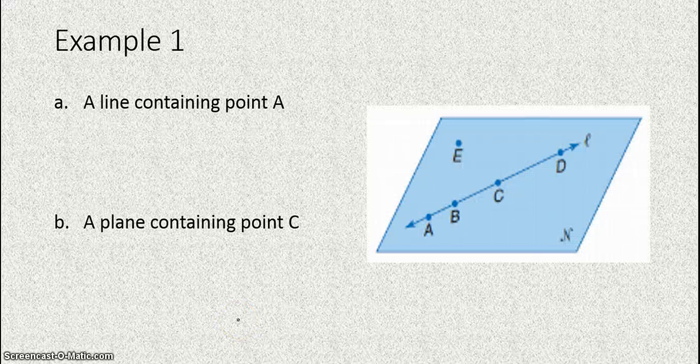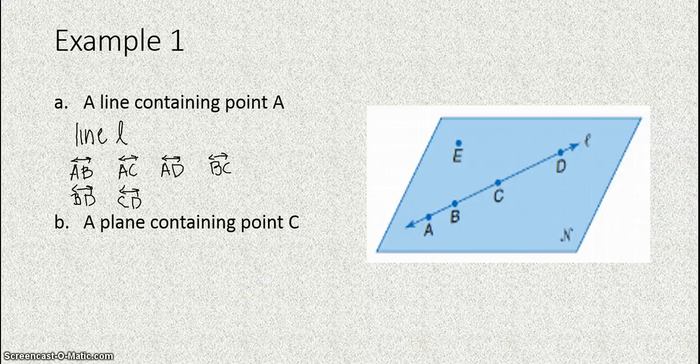On this first example, I want you to name each of these things. So name a line containing points. So that would be this line over here. You can use any of those points over there to name it, or you can use that lowercase letter. Go ahead and do that on your own, and then I'll put up some answers.